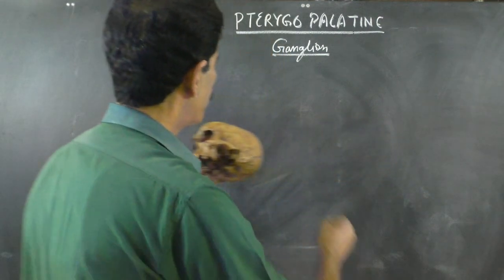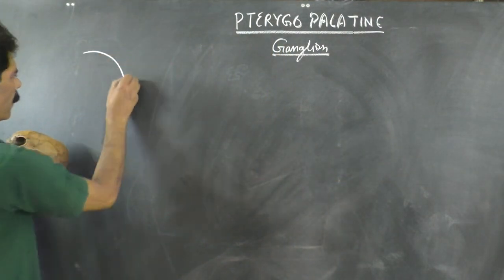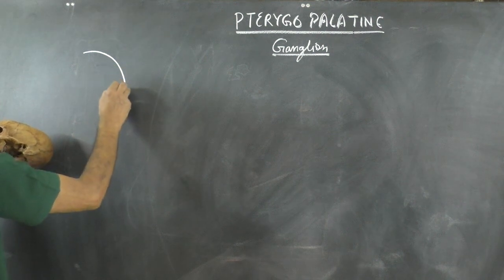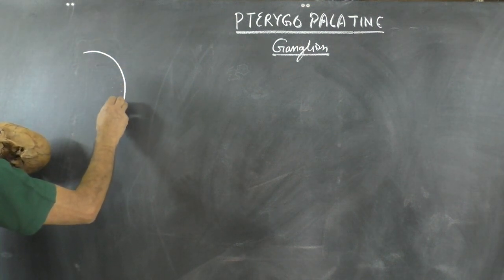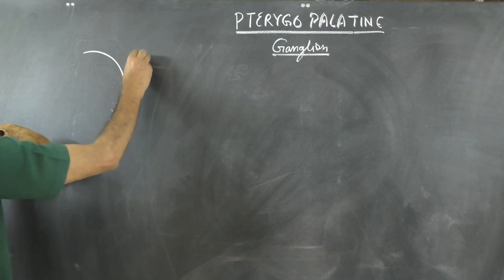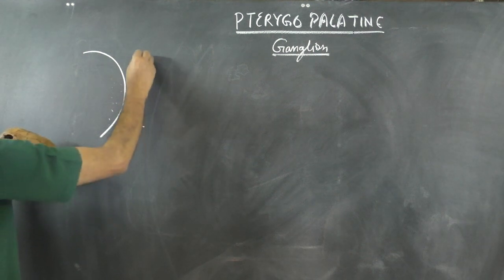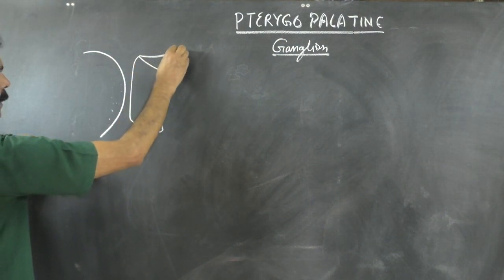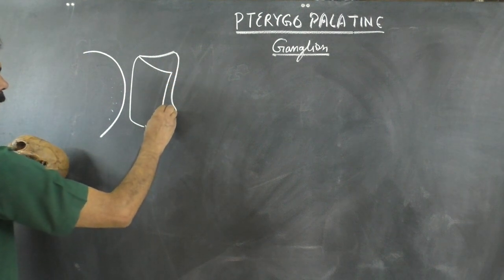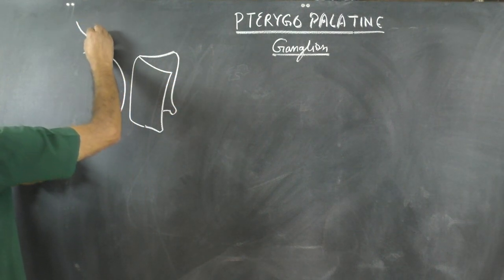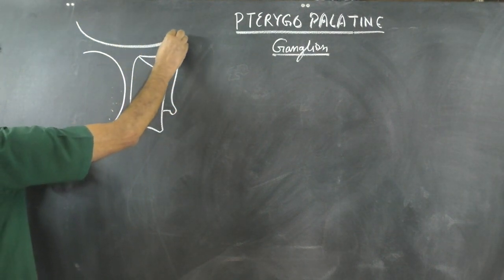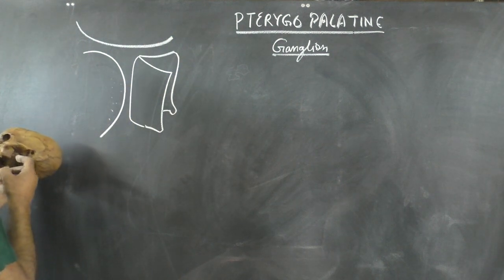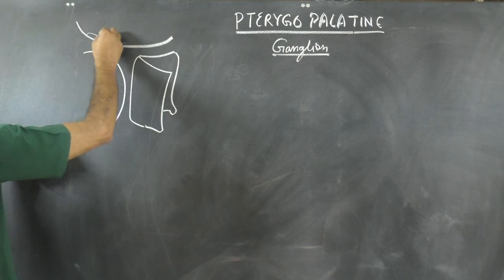If we see the Pterygopalatine fissure, anteriorly it is bounded by the infratemporal surface or the posterior surface of the maxilla, and posteriorly it is made by the two vertical plates, medial and the lateral pterygoid plates, and superiorly it is bounded by the floor of the orbit with the inferior orbital fissure.